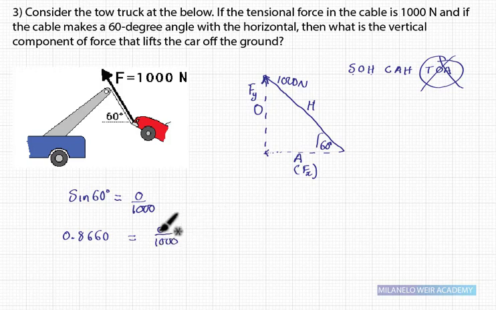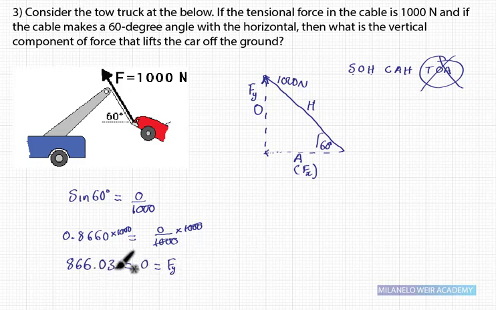What do we do to determine O? We multiply both sides by 1000, so this cancels out. So 0.8660 times 1000 gives 866.03, which is equal to O. O happens to be Fy, the vertical.